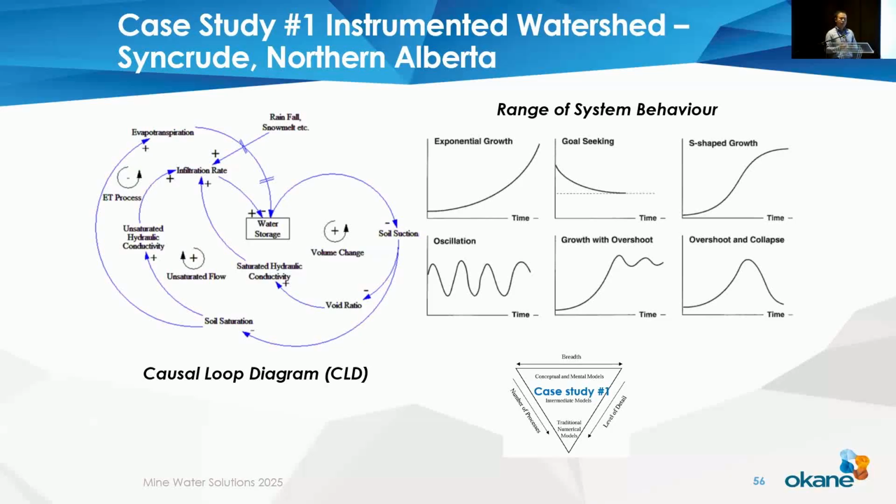Those feedback processes will tell you how the model is going to behave. For example, positive feedback is going to lead to exponential growth, and negative feedback is going to lead to goal-seeking behaviors. When you combine those feedback processes together, that's what generates the oscillation and the overshoot. It becomes more complex, and that's when you need modeling.